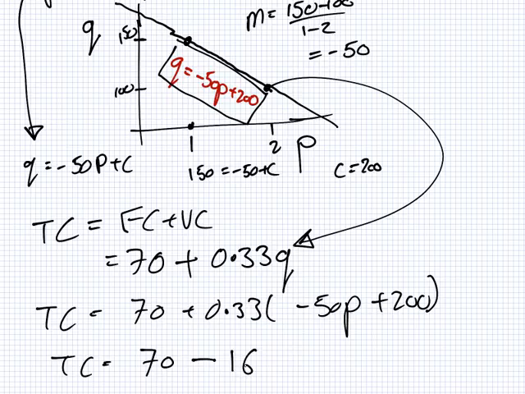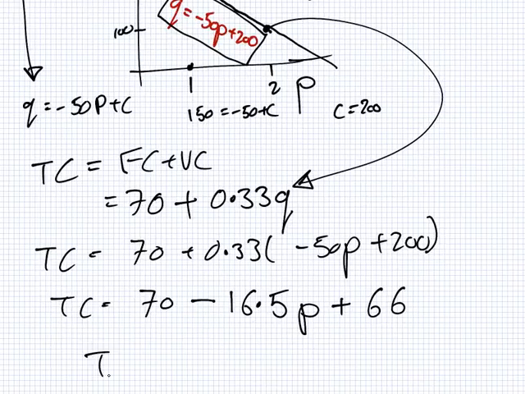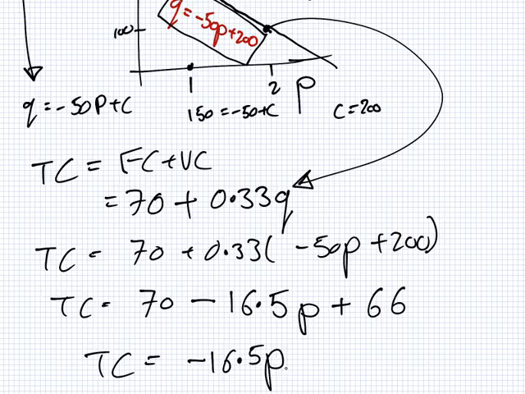So we get total cost is minus 16.5p plus 70 plus 66, 136.